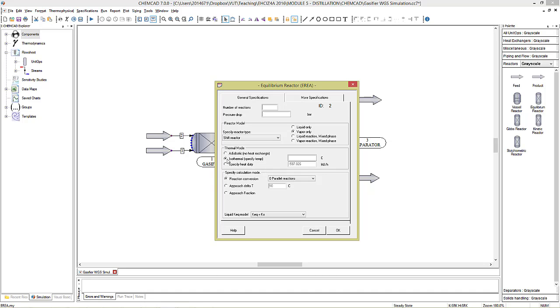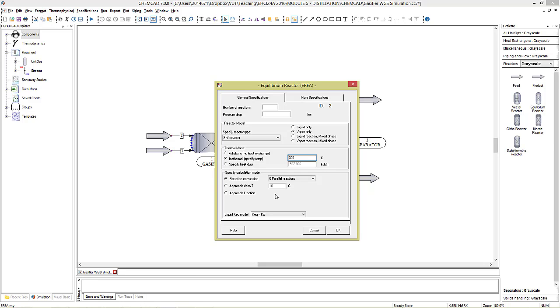Then the next step that we'll do is go isothermal on the reactor so that we keep the temperature of the reactor constant. We can start with whichever temperature. So let's say we'll start with a temperature of 300 degrees Celsius, and then specify the calculation mode. This essentially says that you can specify a couple of things. You can specify the reaction conversion. You can specify the approach delta T or the approach fraction.